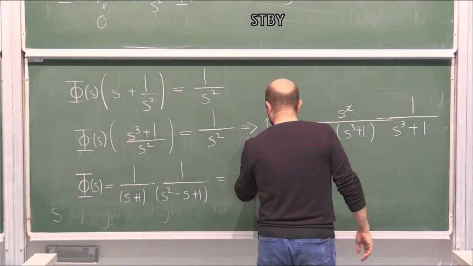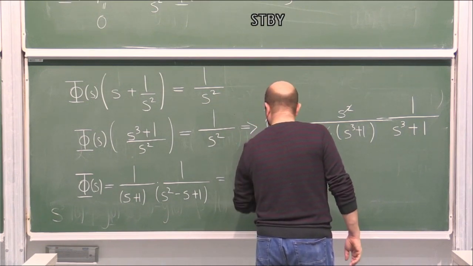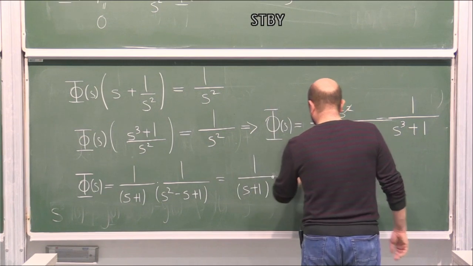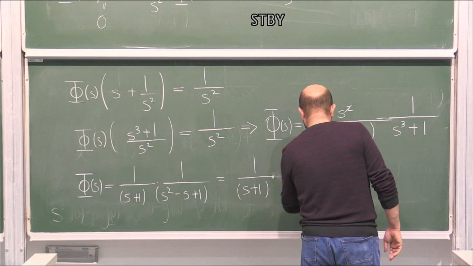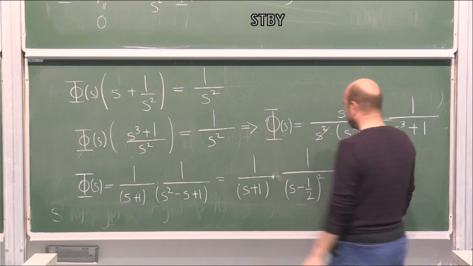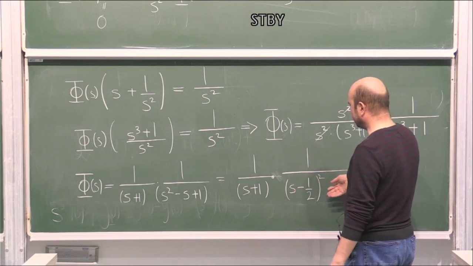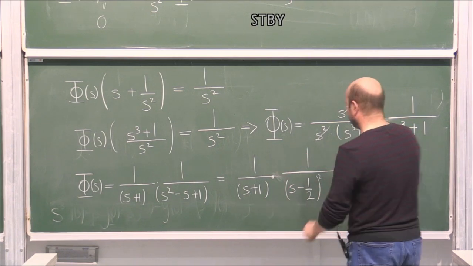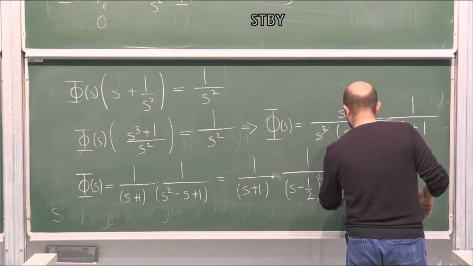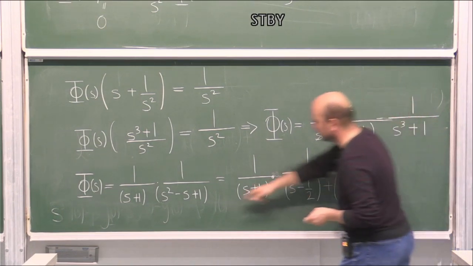Let me write it. s minus 1 over 2 squared. If you expand it, we get s squared minus s plus 1 over 4. So there should be here radical 3 over 2 squared. If you square it, we get 3 over 4. Add 1 over 4, you get 1.